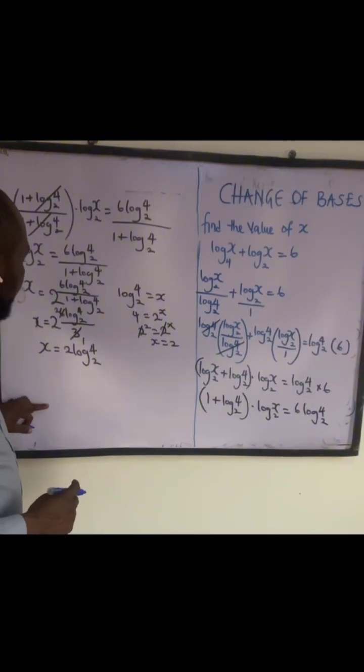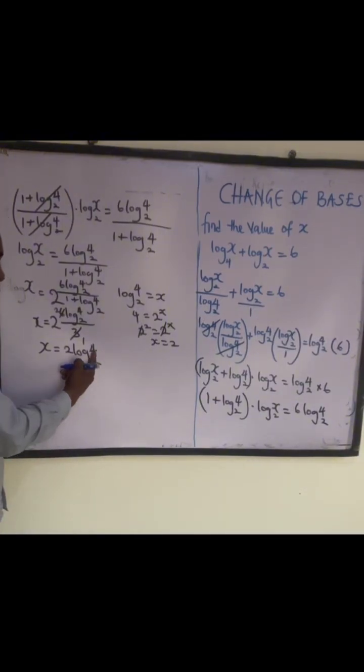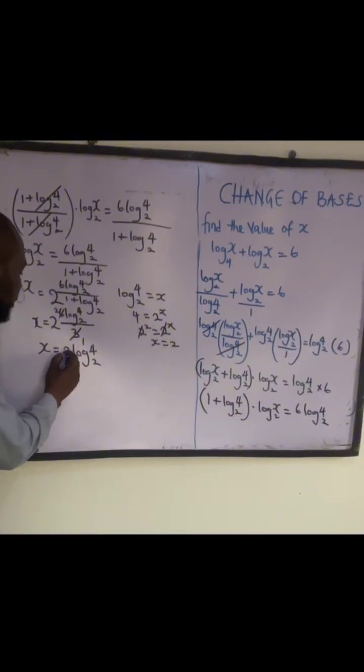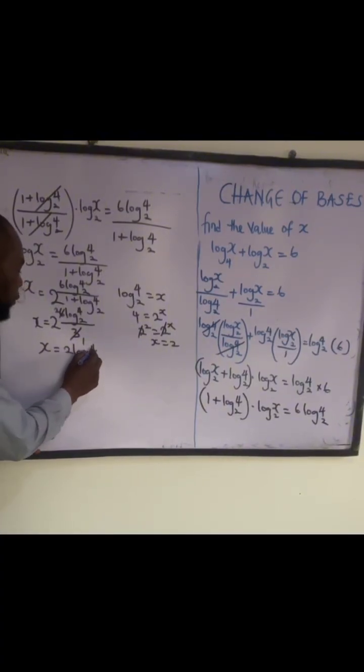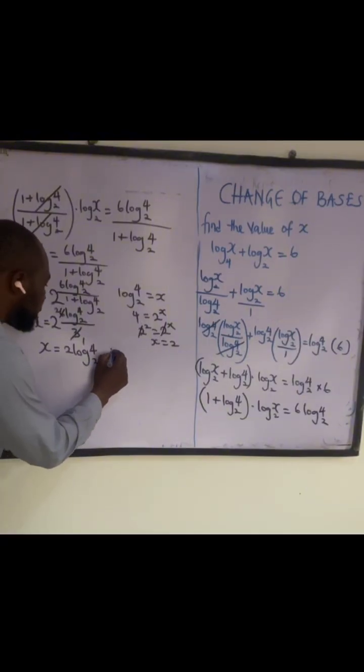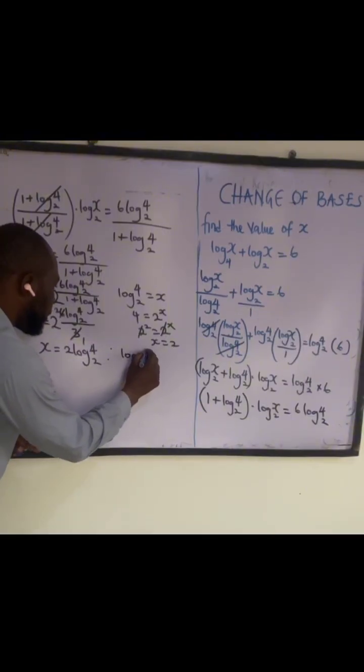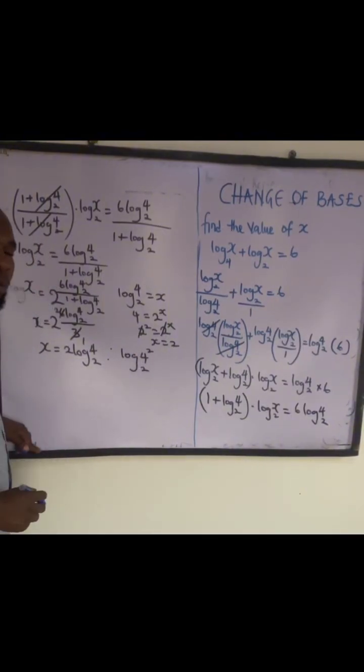Okay, so the next thing to do is to simplify, and whenever you see any number outside, that is the power of the value of the log. So it means that 2 log of 4 in base 2 is the same thing as log of 4 raised to the power of 2 in base 2.